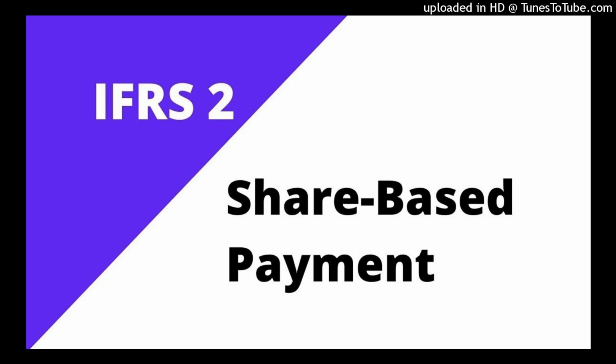Equity-settled share-based payment transactions. Overview. For equity-settled share-based payment transactions, the entity shall measure the goods or services received, and the corresponding increase in equity, directly, at the fair value of the goods or services received, unless that fair value cannot be estimated reliably.